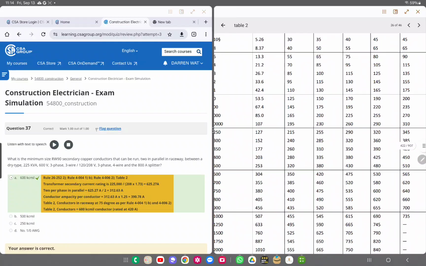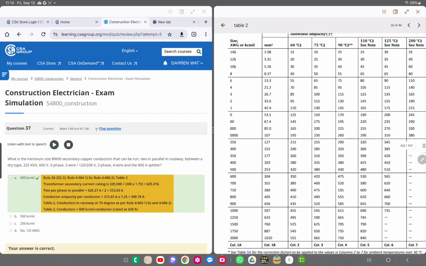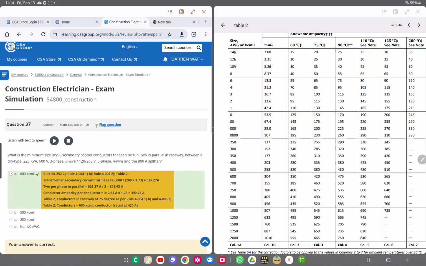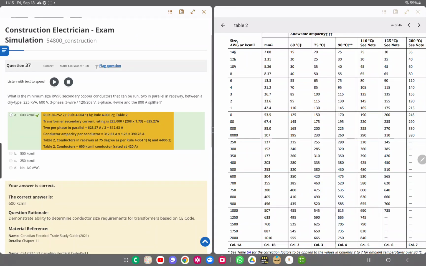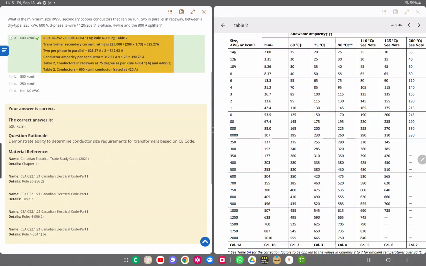Now the 420 in the 75-degree column, we look over and it says 600 kcmil. Therefore, we've got 2 runs of 600 kcmil for the answer for this dry type transformer.